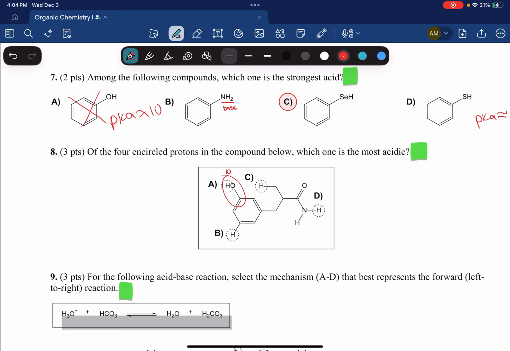Anyways, we're going to look at an H connected to a benzene ring, and that pKa is 43. Not very acidic, right?